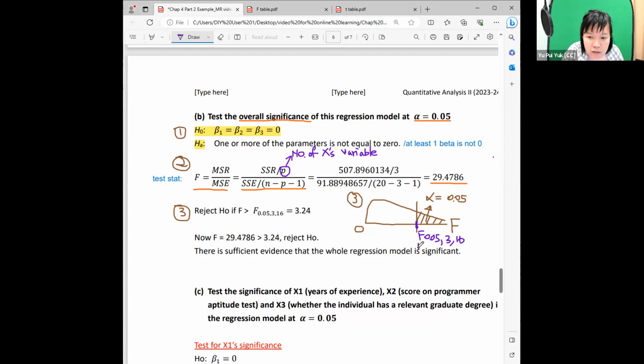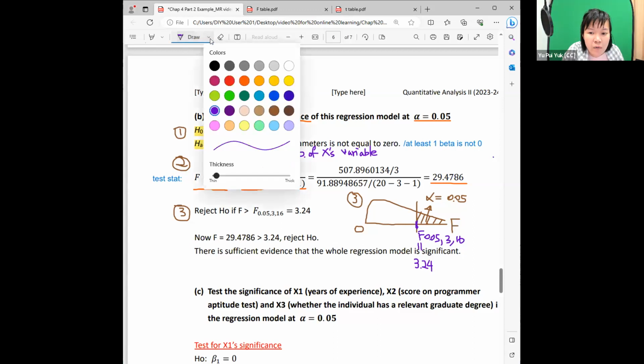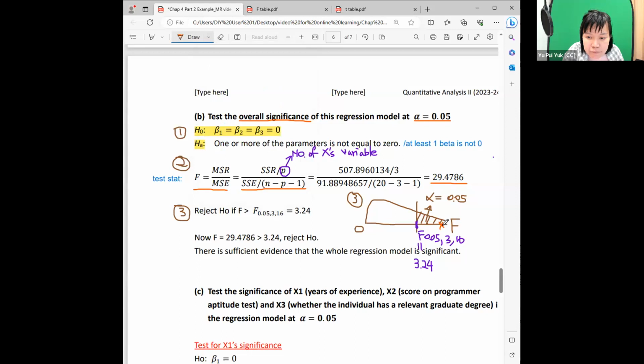Then we can know whether the test statistic lies in the rejection region or non-rejection region. Now it's 29 something, which is very, very far away, so it lies in the rejection region.